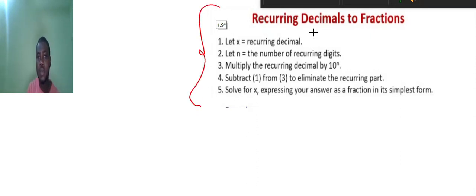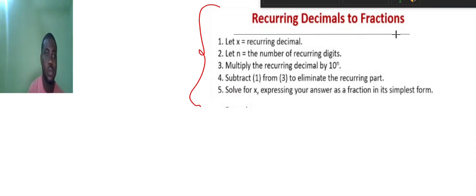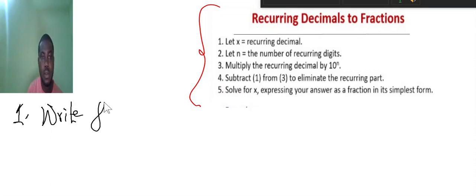We need to take some examples to understand how to use these rules. While I take the examples, you will see the process of using the rules. So let's start with a very easy one.